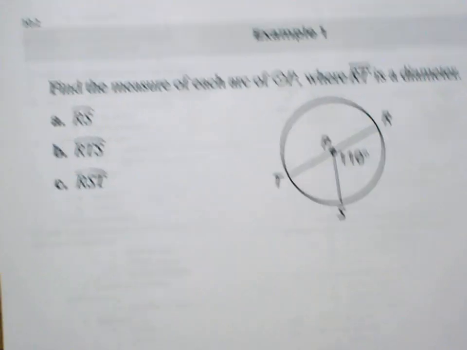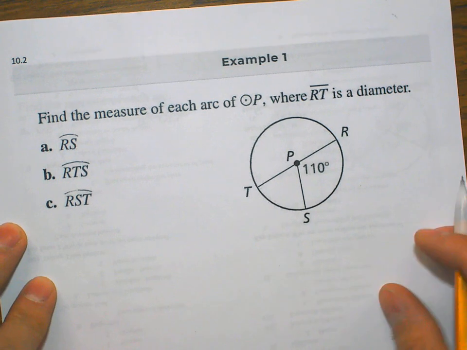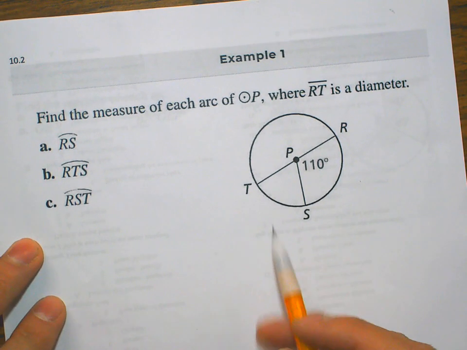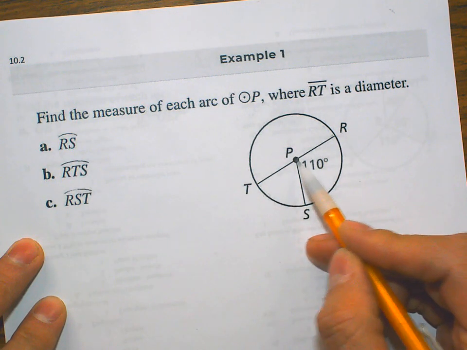All right, let's go ahead and begin some of the examples. Here is example number 1. Find the measure of each arc of circle P, where RT is a diameter, which means that this is a radius and this is the center of the circle.